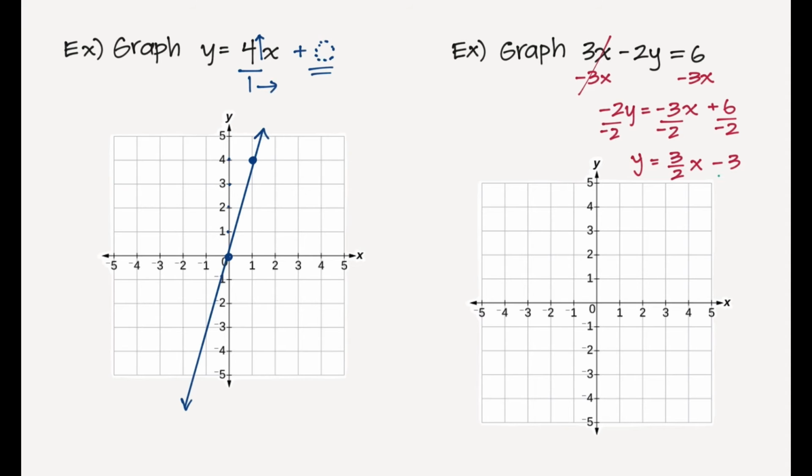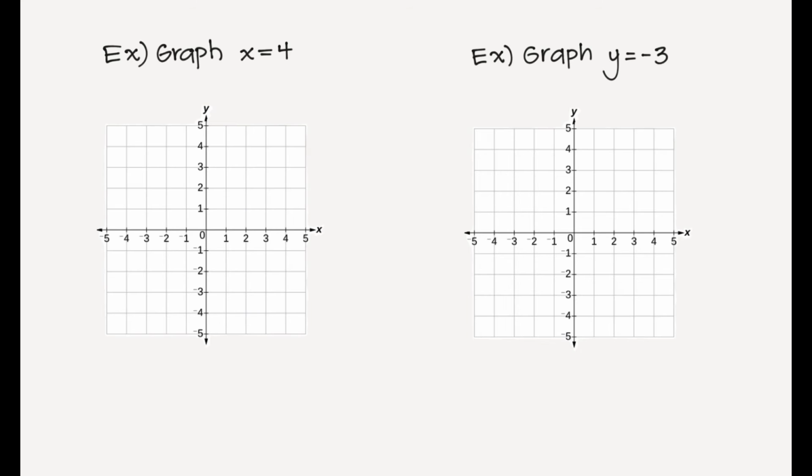So I'm going to start at -3 on the y-axis, and I'm going to go up 3 and to the right 2. So up 1, 2, 3, and to the right 1, 2, plot my point, and now I can connect them with my ruler. And I'm done. All right, so you're going to love graphing this way.